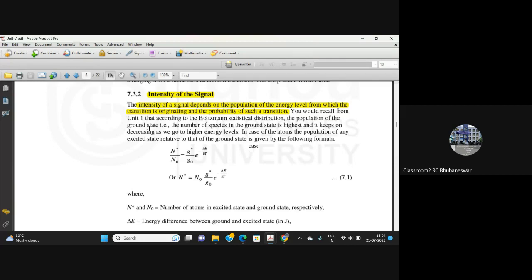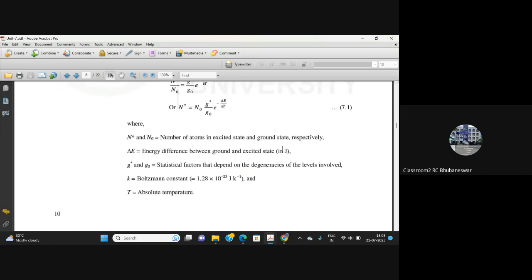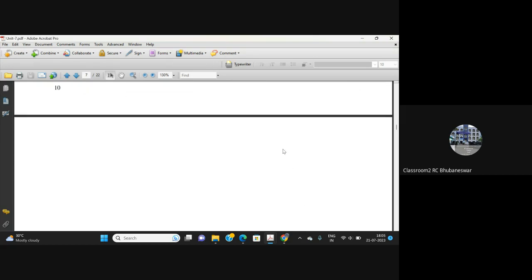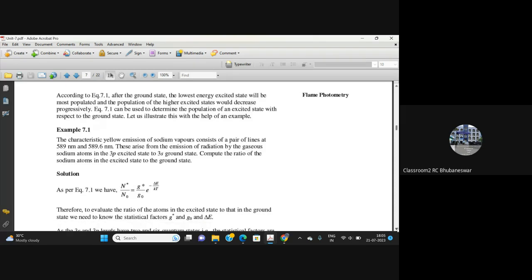So it is given by the Boltzmann distribution equation, where n star and n zero are the number of atoms in the excited state and ground state. If the ground state population is more, then you will get a good signal. So that is what defines the intensity of the signal.